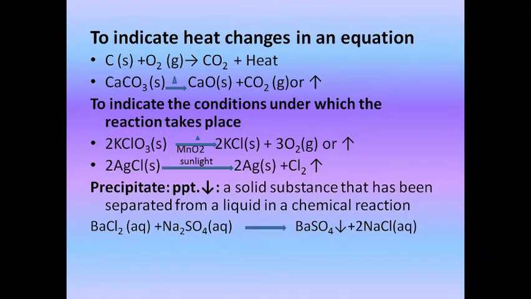It settles down in the test tube, and so arrow is shown downward, indicating that precipitate is formed and aqueous solution of sodium chloride is formed. So this is how we can make our chemical equation more informative after balancing it.